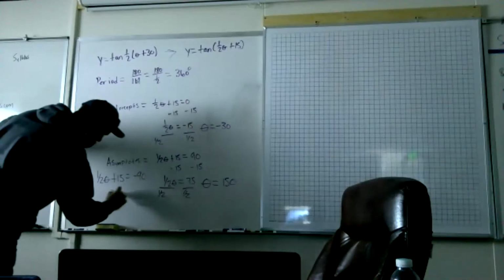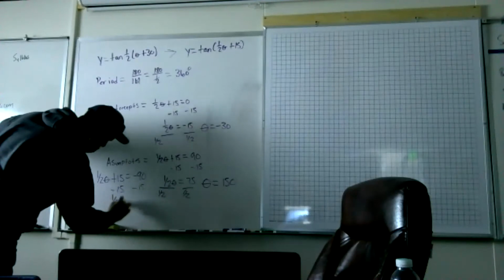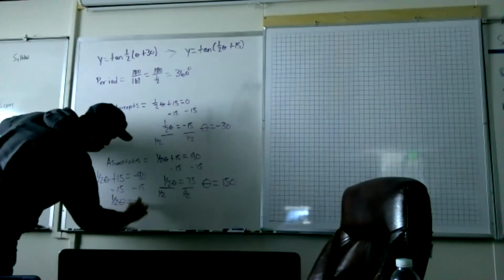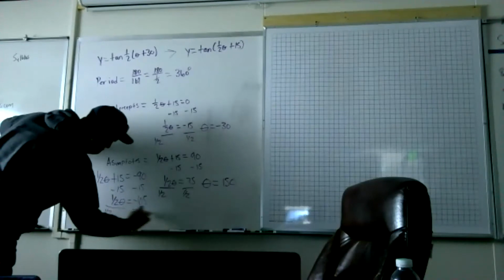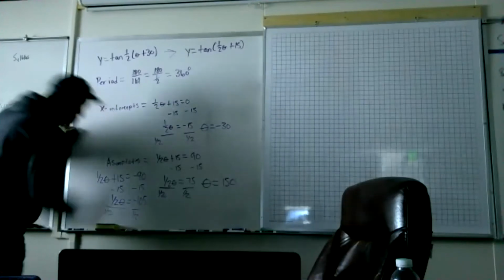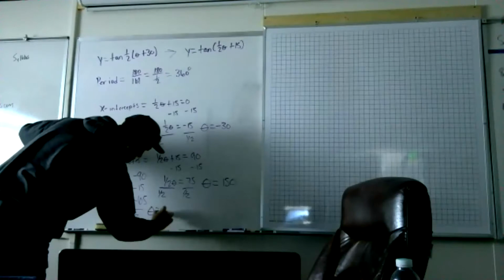So I minus 15 on both sides, which gives me 1/2 theta is equal to negative 105. Divide by 1/2 on both sides, and that gives me that my first negative asymptote, theta, is equal to negative 210.